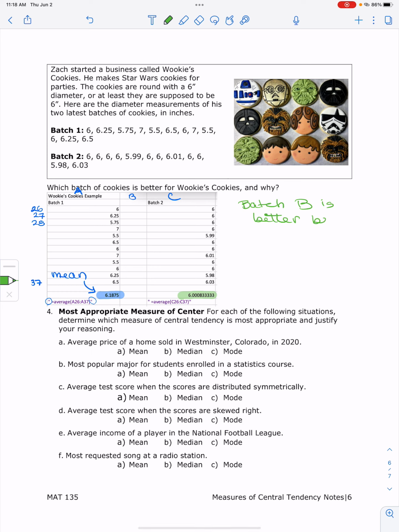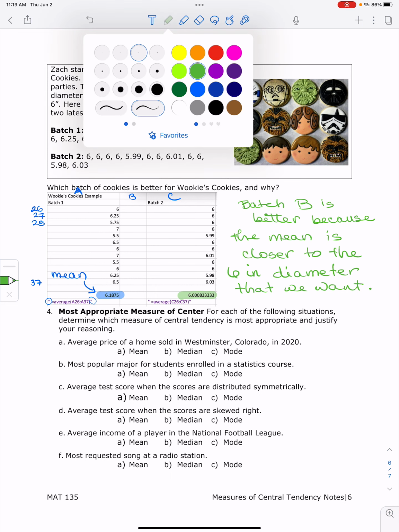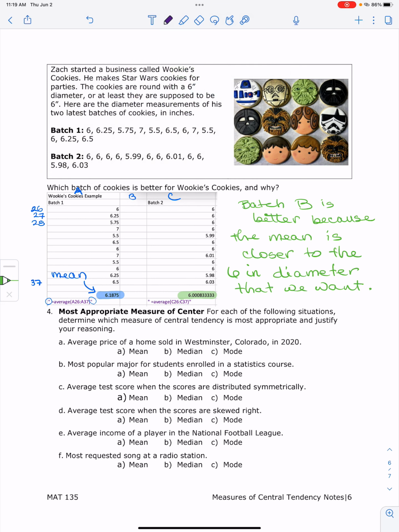Batch B is better because the average, the mean, is closer to the 6-inch diameter that we want. Okay. So we can use that measure of center, that mean, to determine the diameter of the group of cookies as a whole.